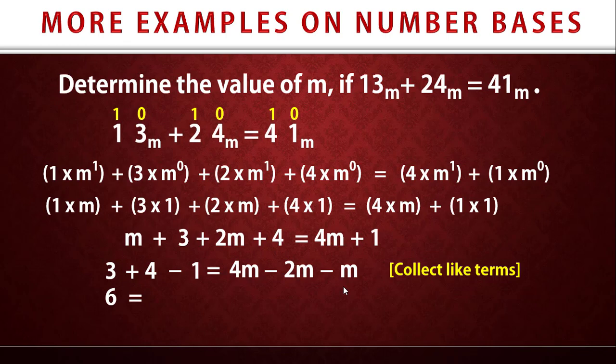So that is 1m, and instead of saying 1m, you just write m directly. So 6 equals m. We can simply interchange it by taking m to the left hand side and 6 to the right hand side, saying m equals 6. So that means the value of our m is 6.